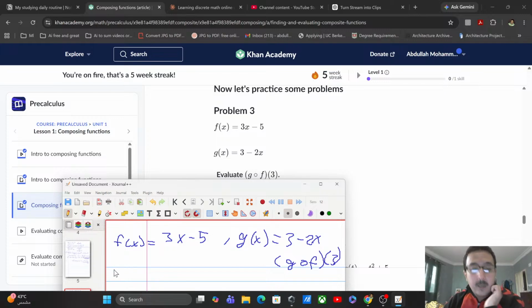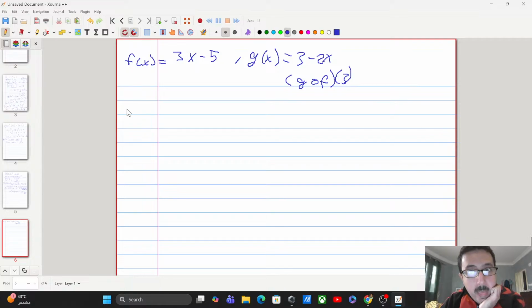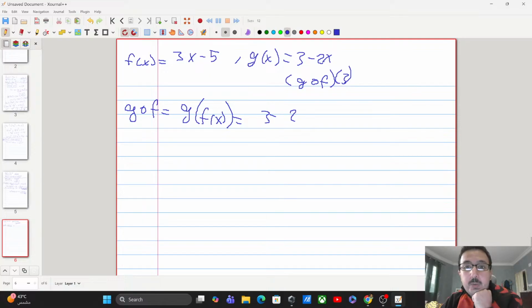So we'd say, okay, g composed with f of x equals g(f(x)) equals 3 minus 2 times (3x minus 5), which will be 3 minus 6x, minus 2 times minus 5, that's plus 10.